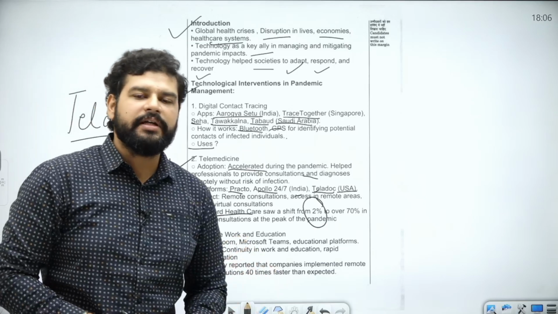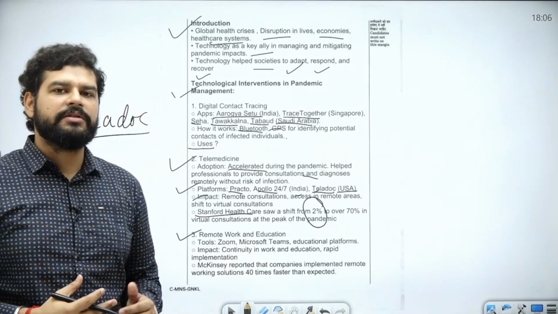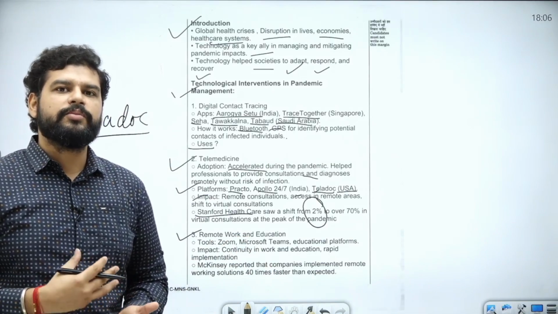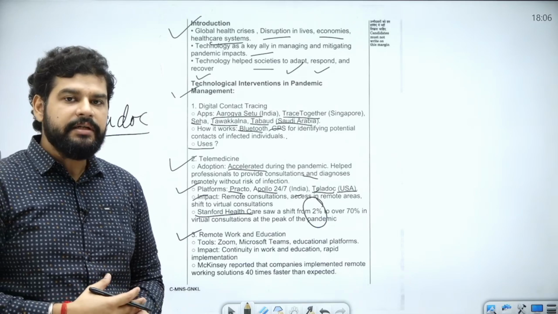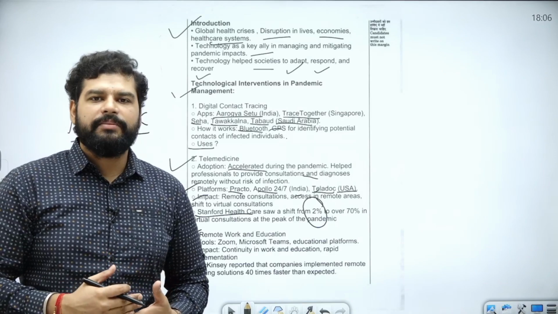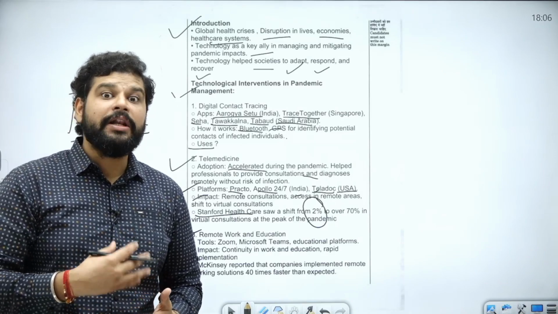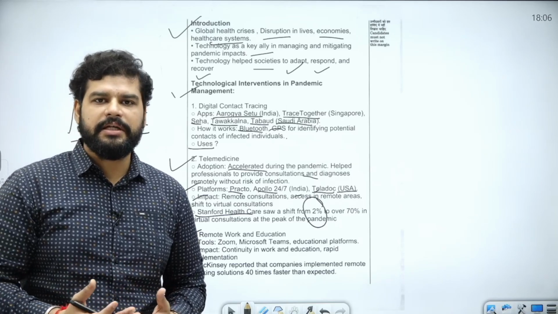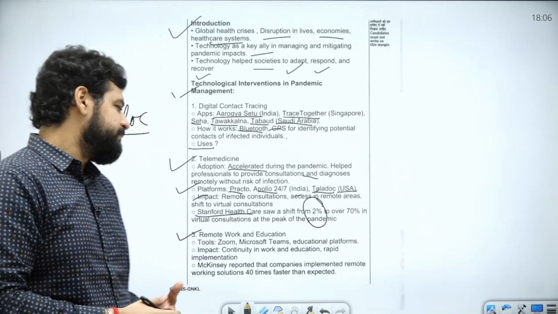Many tools were created, especially Zoom was really famous in that area, and it was one of the most profitable digital technologies that were created. Microsoft Teams is there, and there are a lot of educational platforms that gave online education so as to stop the disruption in the course of the students, right?